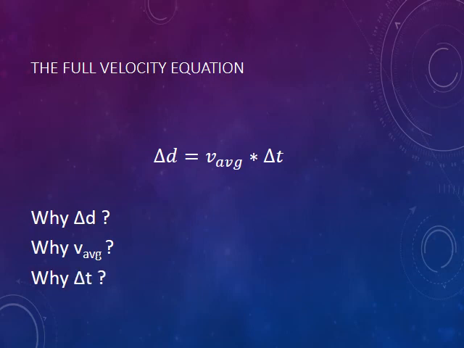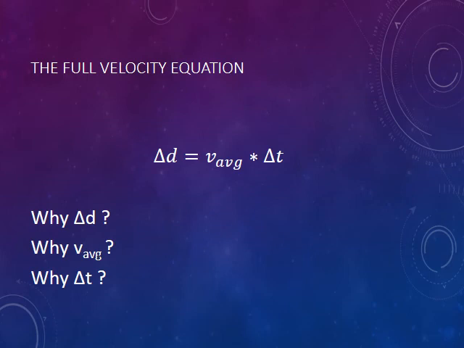And why are we using delta t rather than just regular t for time? Well, it's not so important to know at what time the football player was standing on the field, but we need to know the starting time and stopping time of her motion. So we need to know the change in time, how much time has gone by, in order to calculate velocity.